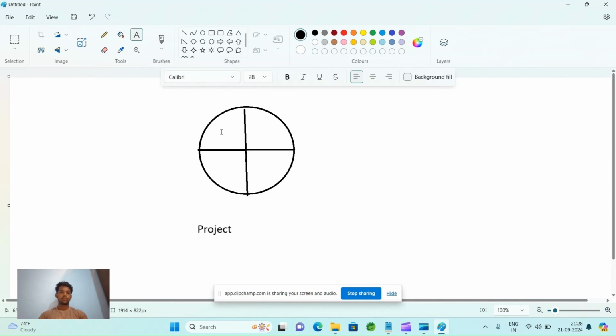This is service 1, service 2, service 3, and service 4. Make it similar and much easier.